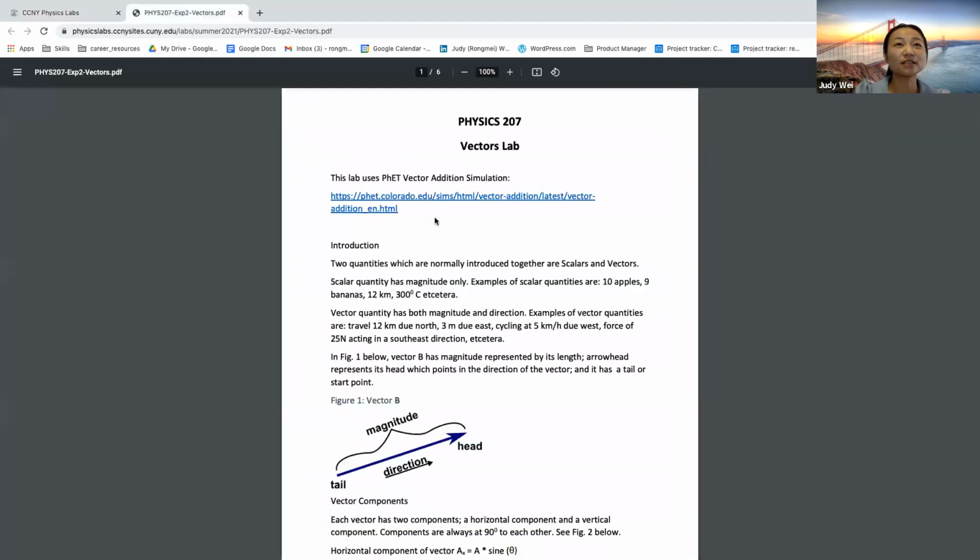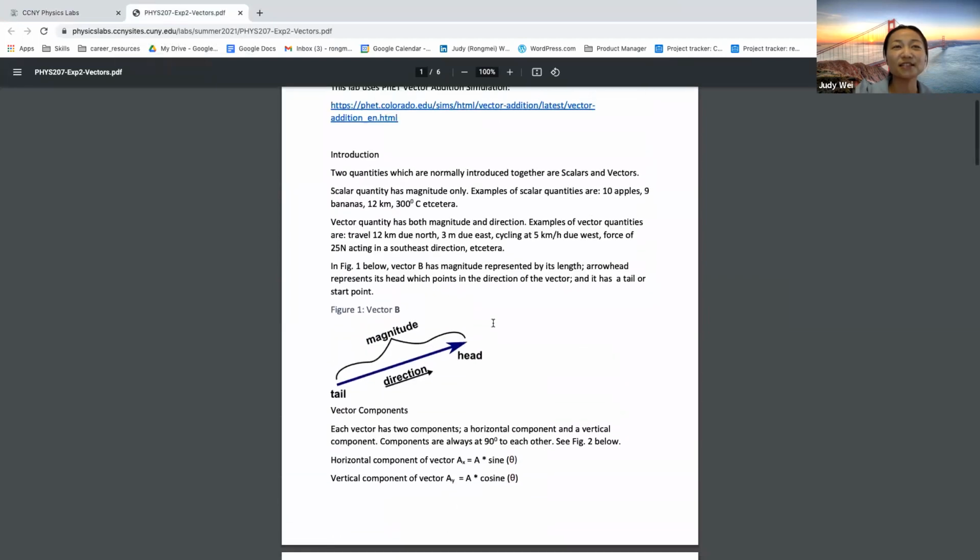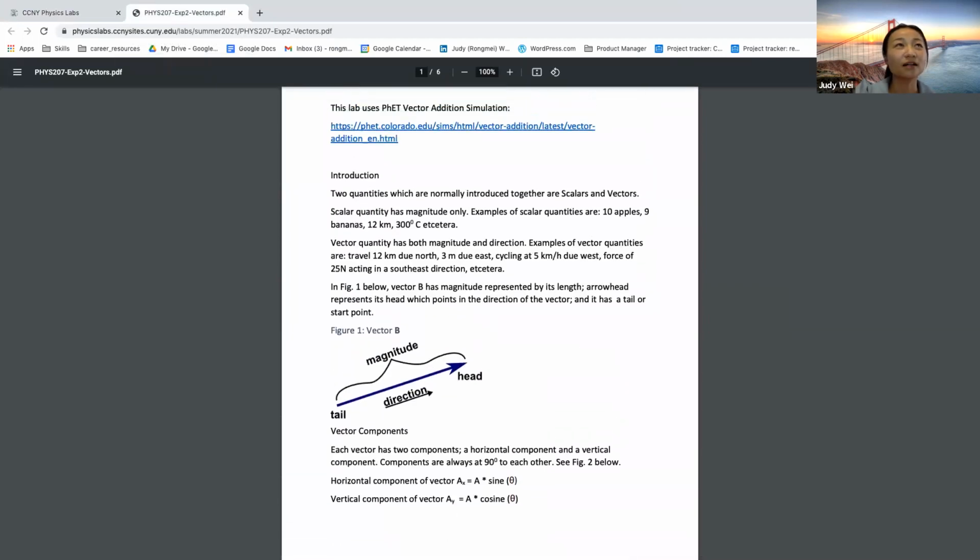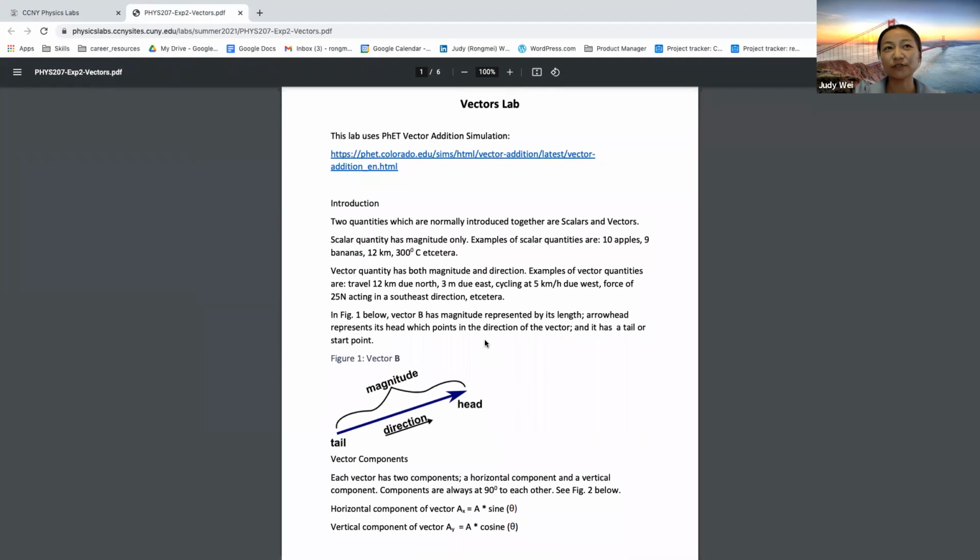So this is the vector. I'm sure you already went through the vector chapter, and a vector is very different from other quantities, like a scalar. A scalar only has one magnitude. You wouldn't say the distance is 3 kilometers long, and then think about going from west to east or from north to south.